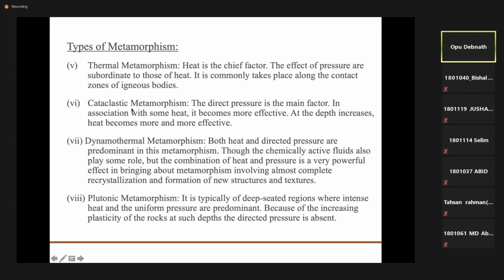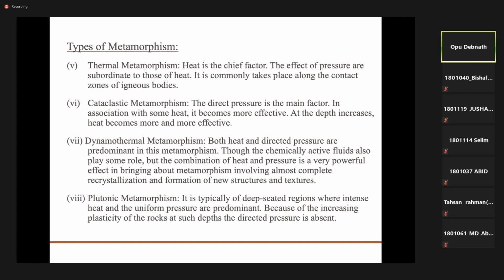The next one is the cataclastic metamorphism. The dominating factor for this metamorphism is direct pressure associated with some heat. That means there may be some heat, but the main agent is the direct pressure. Direct pressure means the overlying layer.